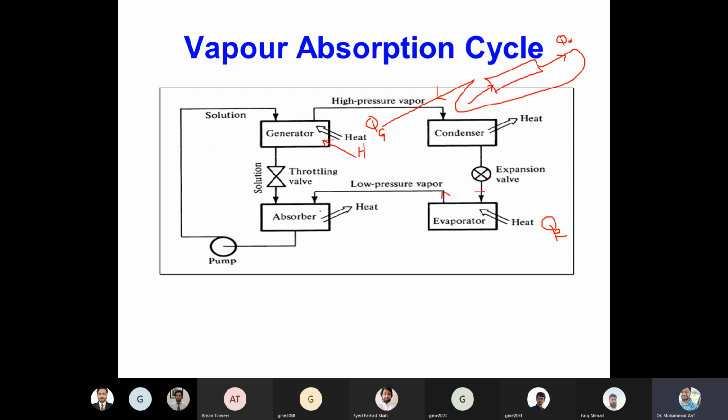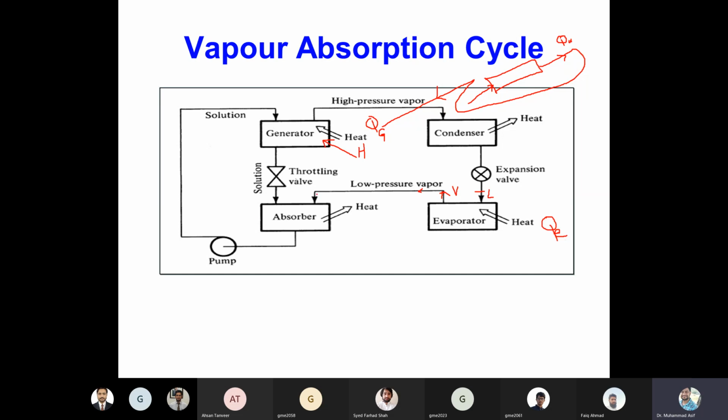Whereas in the absorber, the objective concerns the refrigerant vapor, because the refrigerant becomes vapor when it absorbs heat in the evaporator: incoming is liquid, but outgoing is vapor. So this refrigerant vapor we need to recirculate again, and there is a process for recirculation.